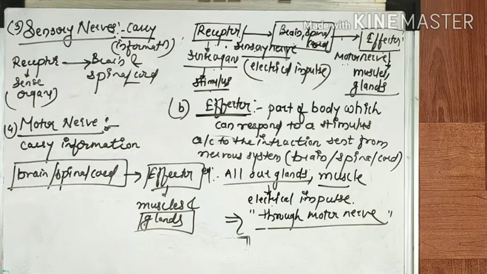Now you get it. It's very simple. We studied four terminologies: the first one is receptor, the second is effector, then sensory nerves and motor nerves. So what do you mean by receptor?